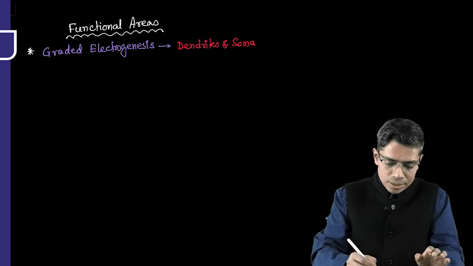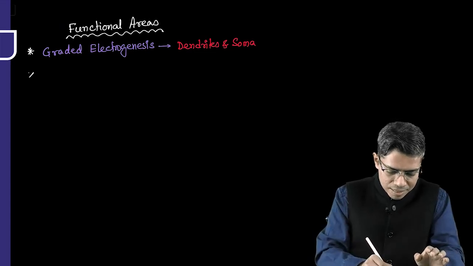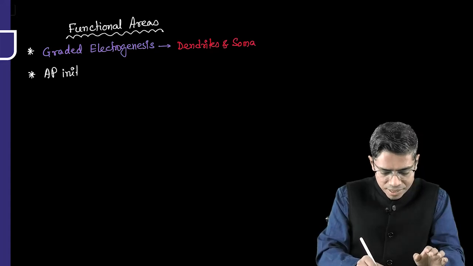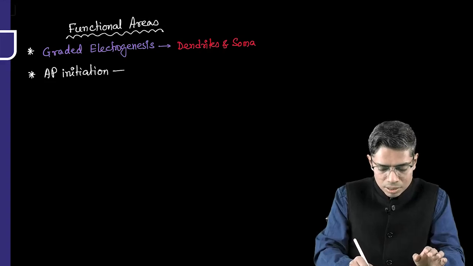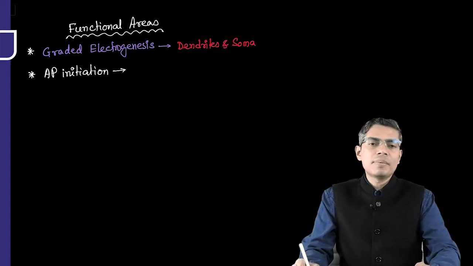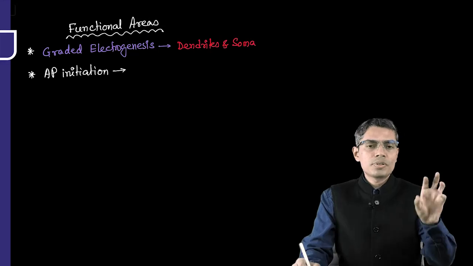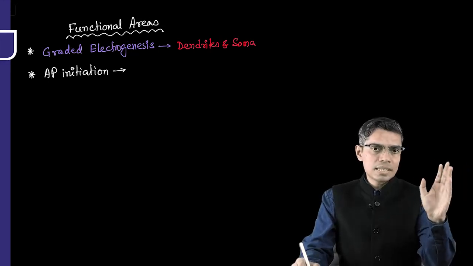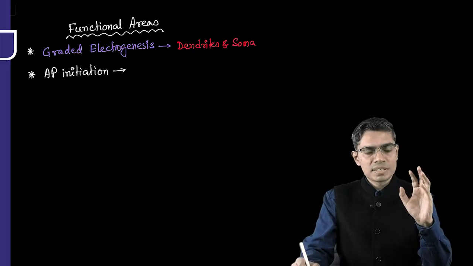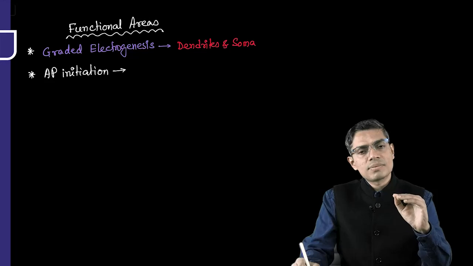So the second question is: action potential initiation occurs in which part of the neuron? Very valid question, because you are producing a local potential in the dendrites and cell body, but they cannot produce action potential. So where will the action potential start for the first time?